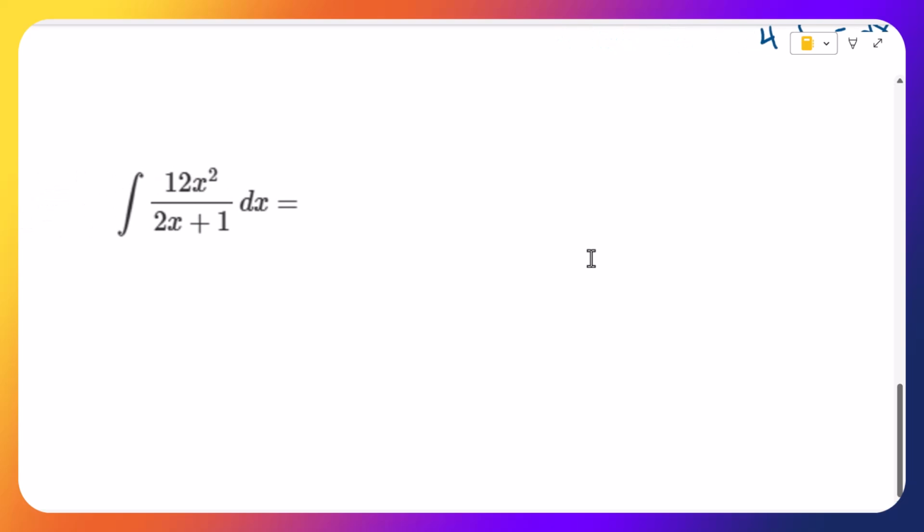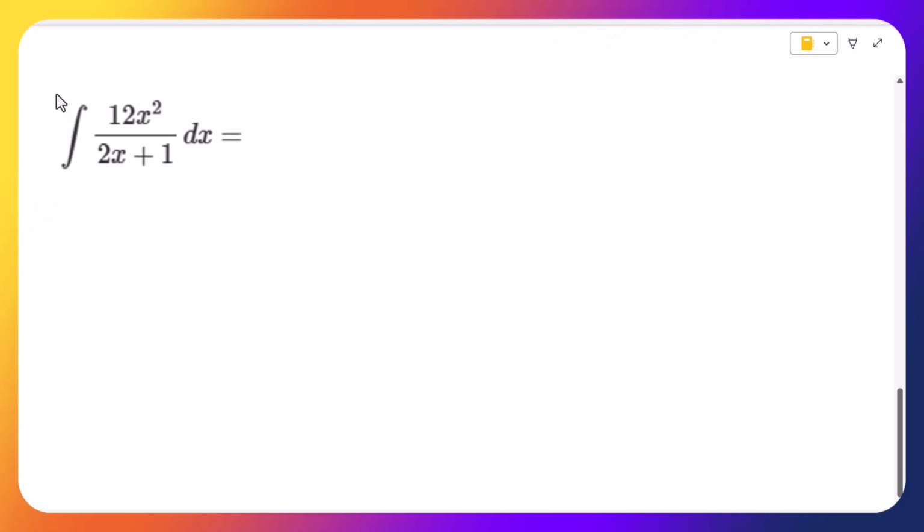How can we know? Well, the big clue is that our numerator, which has the x squared, has no b. So there's nothing I can add here that will successfully complete the square. So I can't do completing the square.